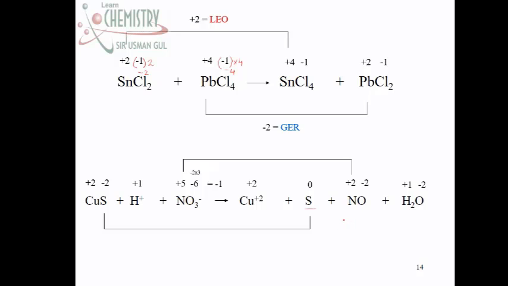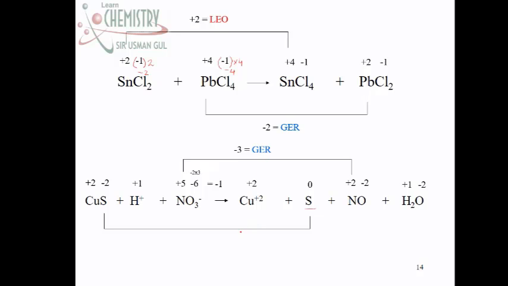Now where are the electrons being lost and where are the electrons being gained? On the nitrogen side, the nitrogen oxidation number is decreasing, so it means gain of electrons. So we say GER: gain of electrons means reduction.